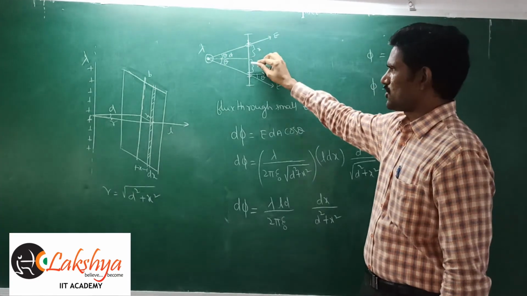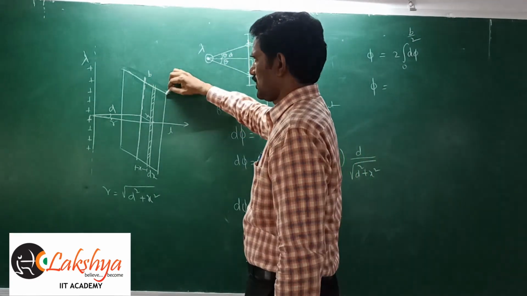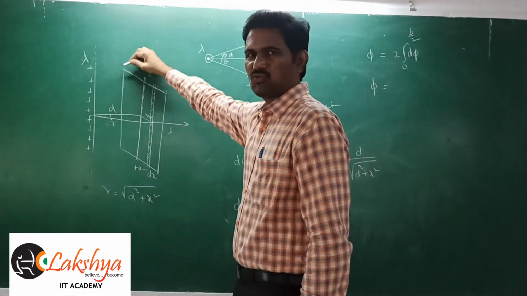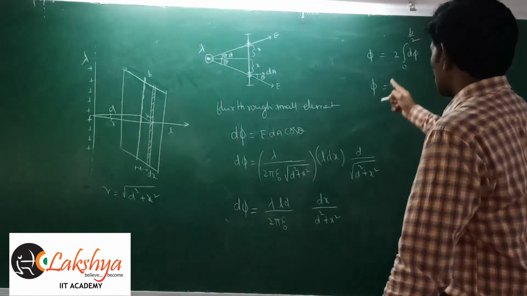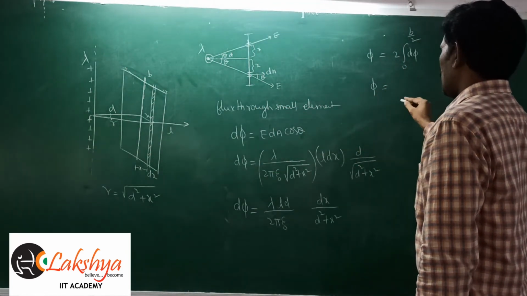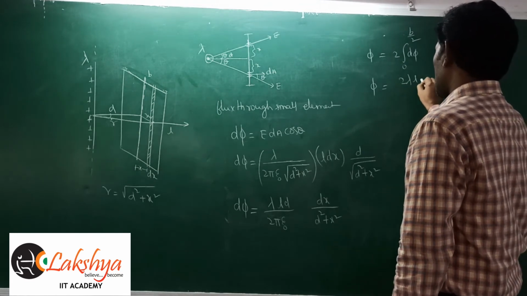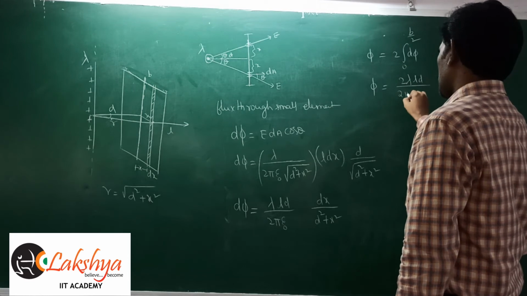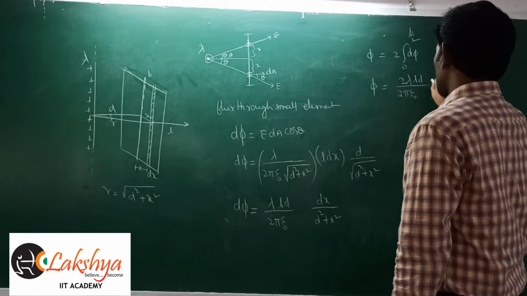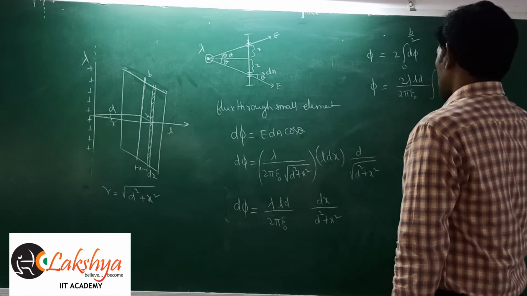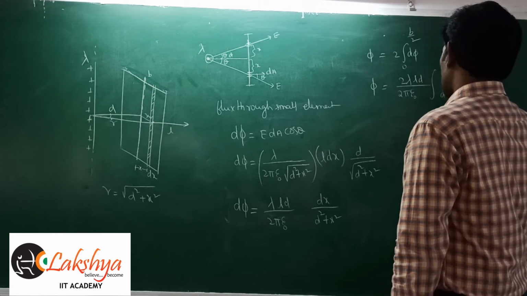So only from here to here we are integrating and multiplying with the 2. This side also the same flux will be there, so that's why we are multiplying with this 2. And then this value will be 2 lambda L d by 2 pi epsilon naught into integral of dx by d square plus x square.